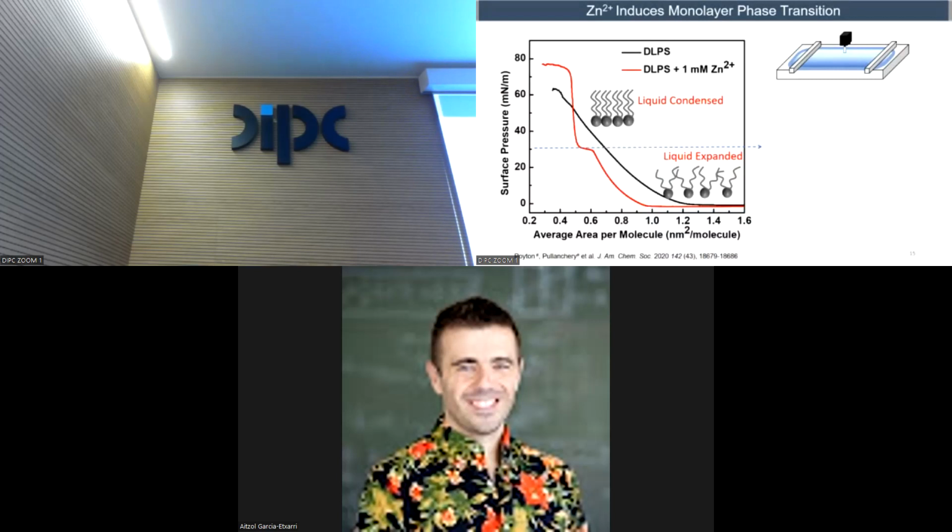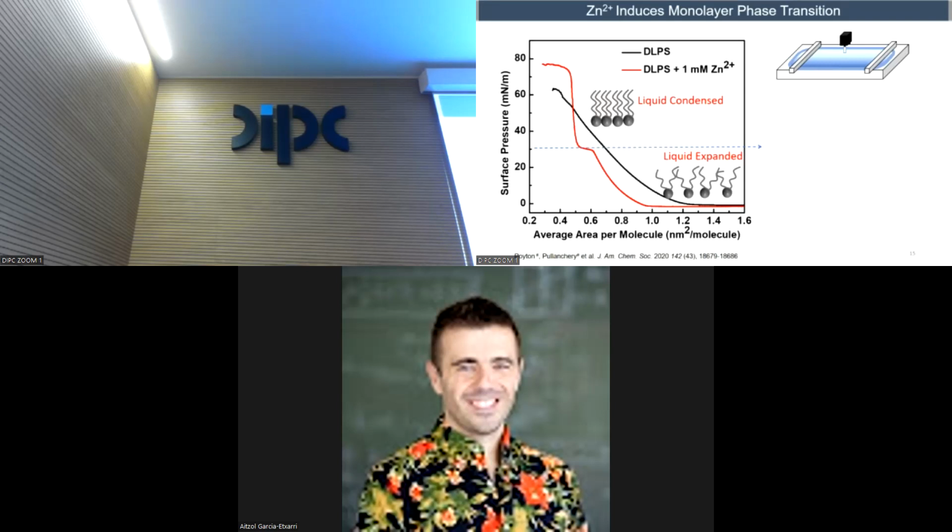But when you add zinc, you see 2 effects, right? The first one is that the isotherm shifts to lower area per molecule. What that means is that when zinc binds to 2 lipid head groups, it brings them together, and this results in an overall reduced average area. And the second is that we see a phase transition right around 30 millinewtons per meter.